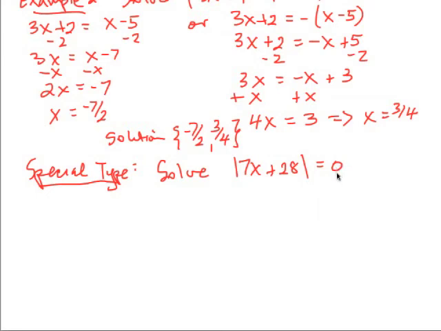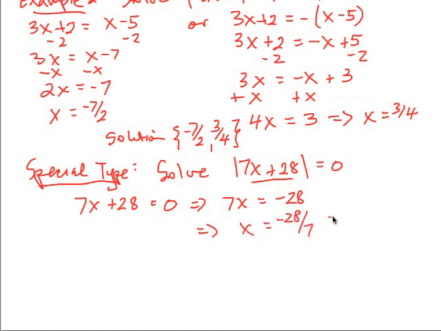Well, we're saying it's 0 distance from 0, which means that this thing here must be at 0. So the only thing we have to solve is 7x plus 28 equals 0, which implies that 7x is equal to negative 28, which implies that x is equal to negative 28 over 7, which is negative 4. So our solution here would in fact be negative 4. Because when x is negative 4, we find that this expression is exactly at the origin 0.